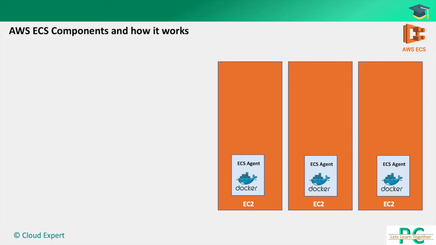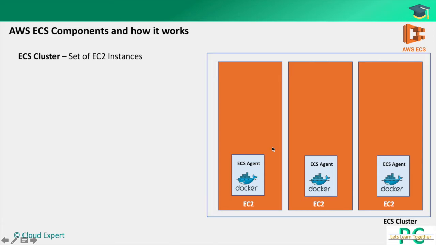Let's assume I have 3 EC2 instances with pre-installed ECS agent. This cluster of EC2 instances will create an ECS cluster. So an ECS cluster is a set of EC2 instances which have a pre-built ECS agent.